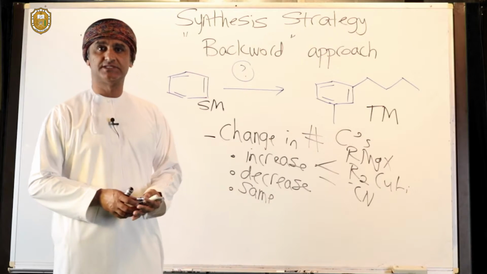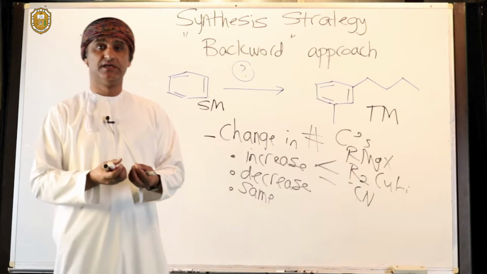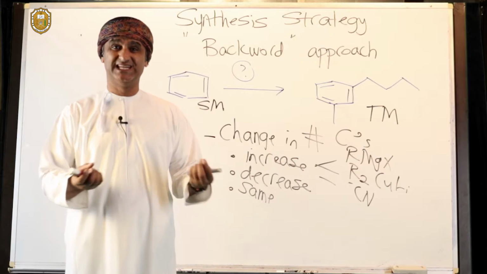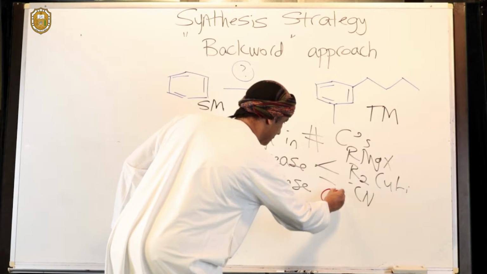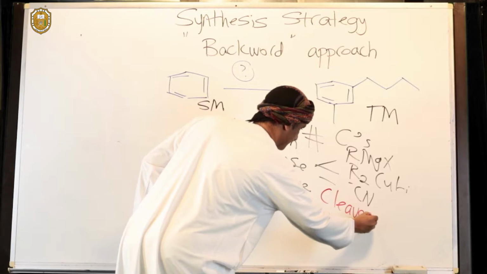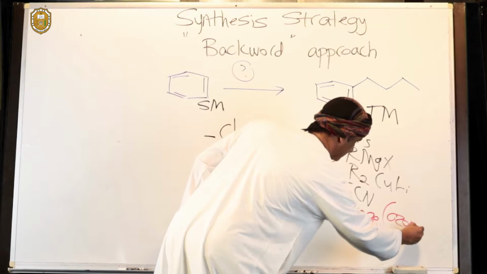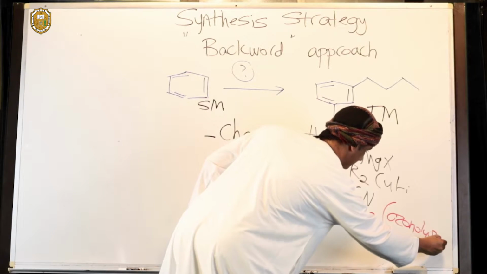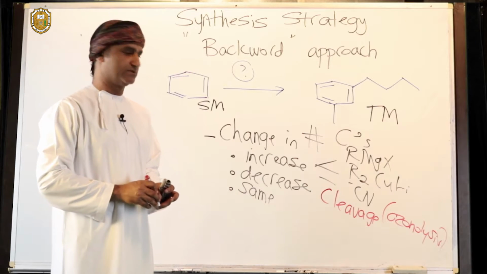If it decreases, then probably ozonolysis, because that's really one way to reduce the number of carbons, is to cleave carbon-carbon double bonds. So cleavage in general results in reduction, or decrease, in the number of carbons in a target molecule.